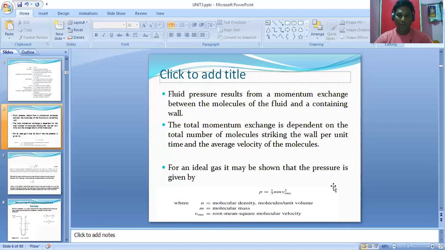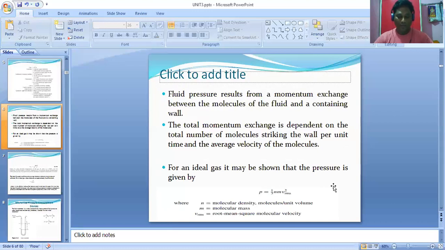Here P is the pressure, N is molecular density, M is molecular mass, and V RMS is the root mean square molecular velocity.